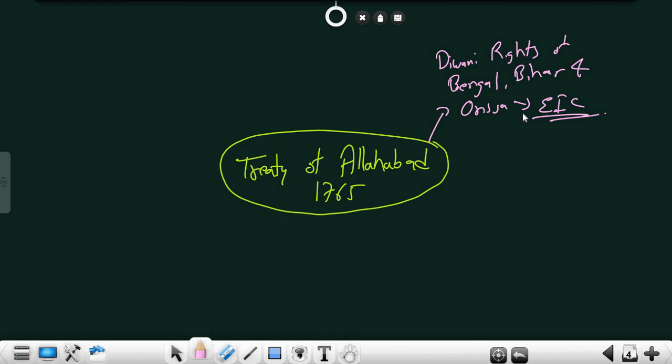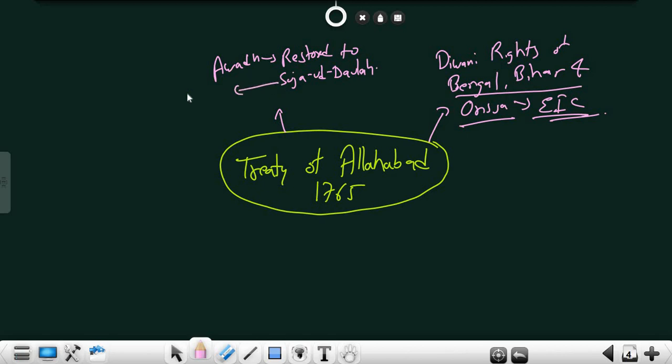They were free to trade across these areas, and at the same time the administration of Awadh was restored to Sujauddaulah, and from Sujauddaulah a sum of 50 lakh was taken as war reparation.